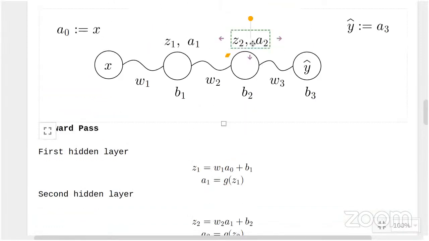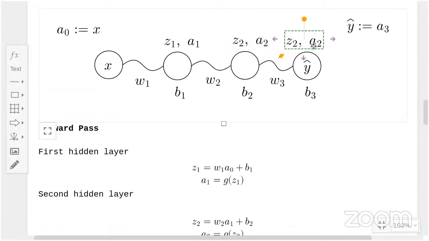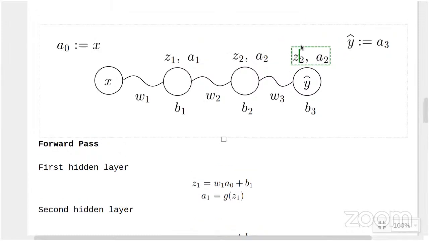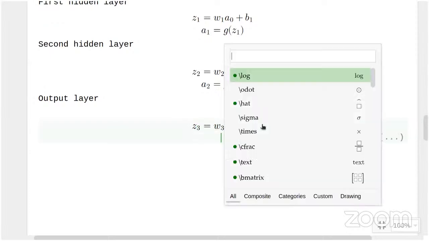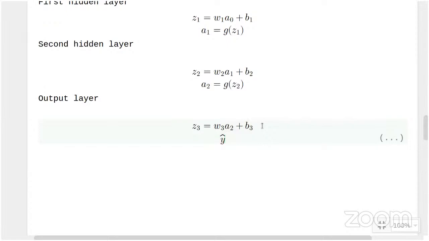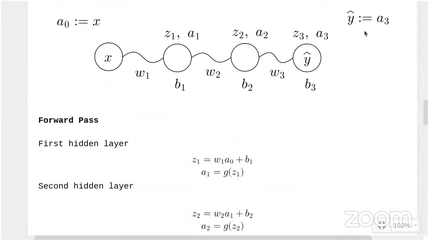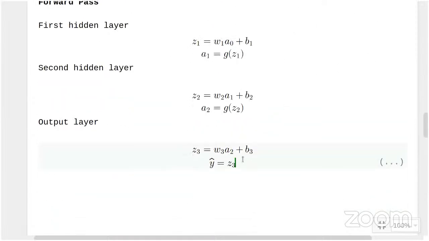I haven't added that, so there will be a Z3 also. Since it's regression, the activation will be an identity. Right, since it's regression, it will be an identity. So A3 equals Z3, and it's all the same.